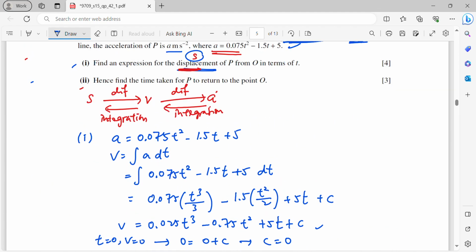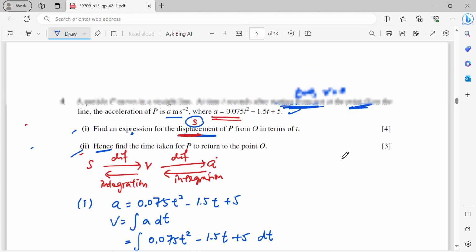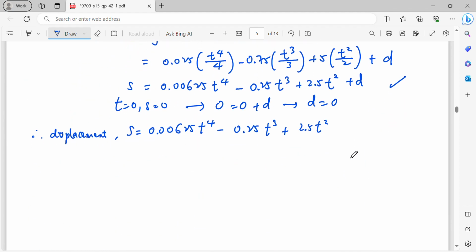Okay, now part 2, hence. Hence means use the answer from the previous part. Find the time taken for P to return to the point O. Okay, so now for part 2, when P returns to point O, that means the displacement is 0. Let's say for example, this is your P. Okay, reach here.